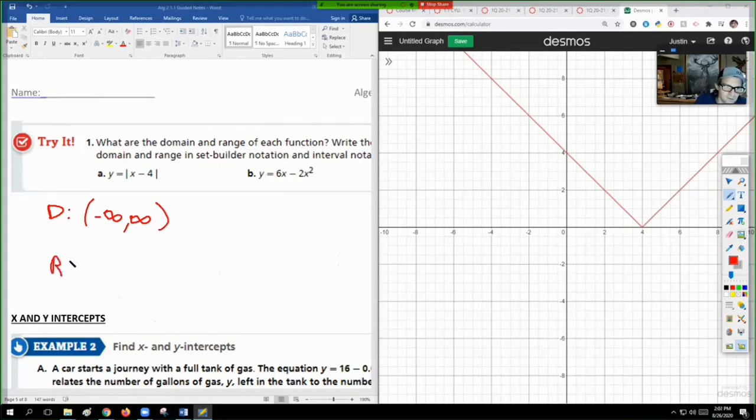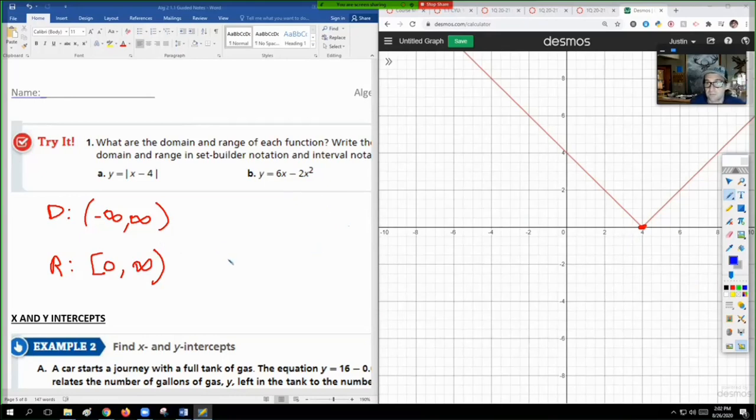The range, though, does have a low and a high. We have a low point here, which is not at 4, we're looking at up and down. The lowest it goes is 0, and we do include that. The highest it goes, well, it could keep going up forever, to infinity.